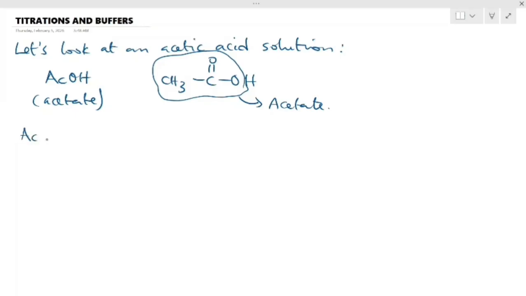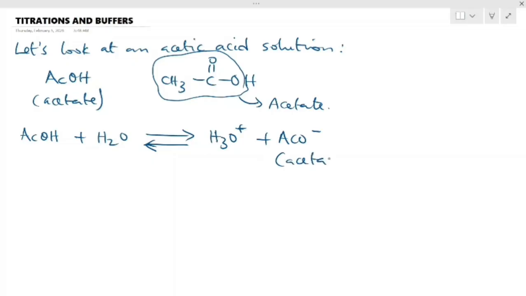So you have the reaction as this: acetic acid plus water in solution, forward reaction because it is a weak acid, forward and backward reaction, or reversible reaction. We have your hydrogen ion again plus your acetate, ACO minus. And of course, this is your weak acid.